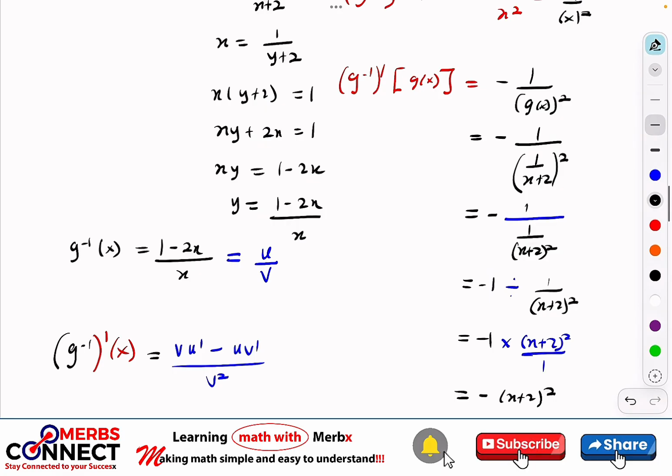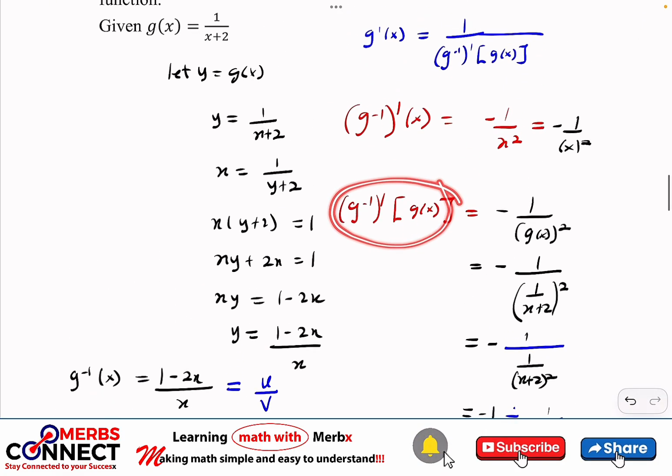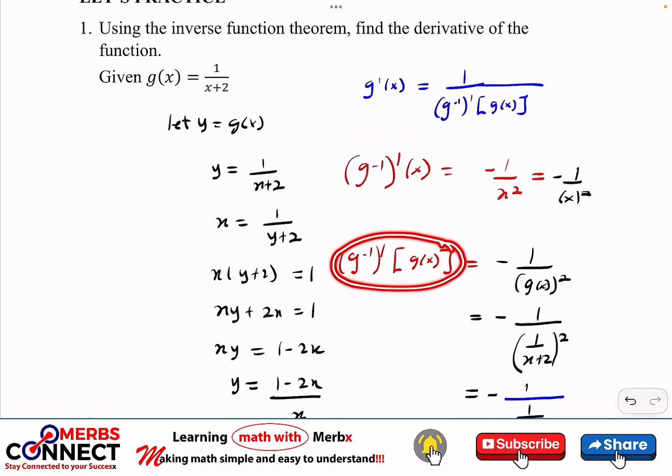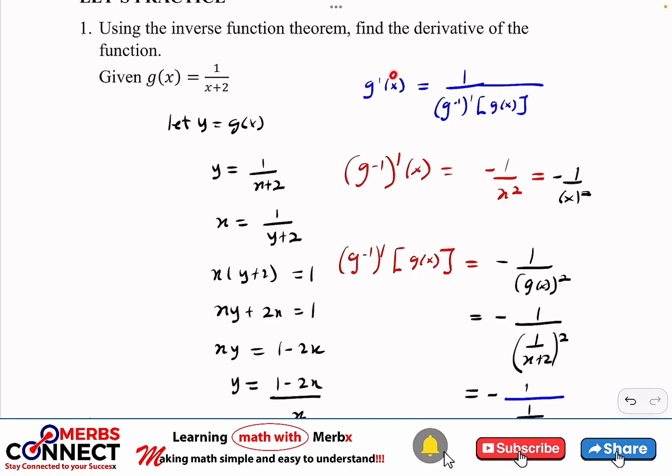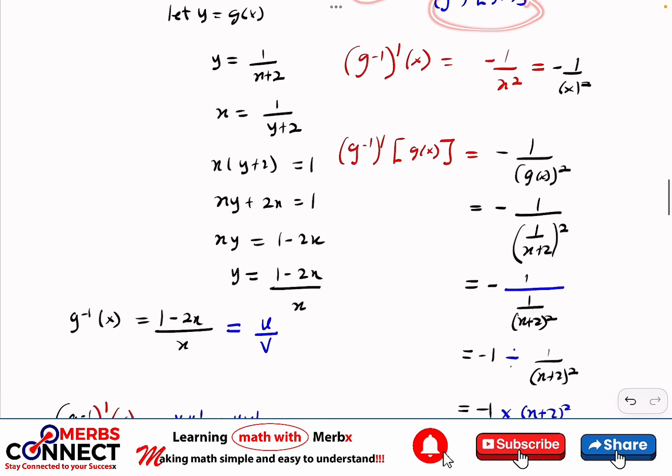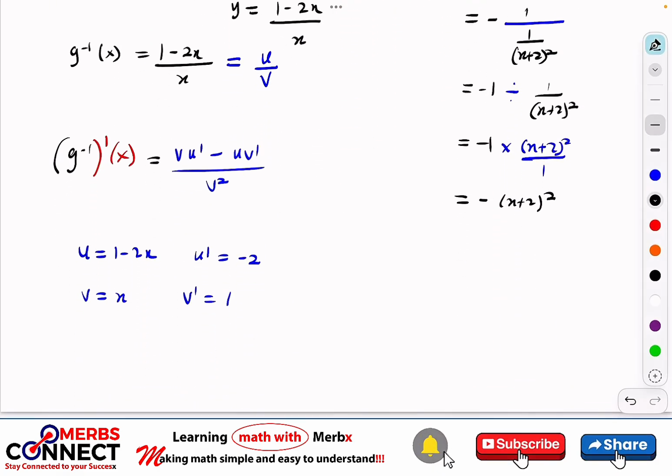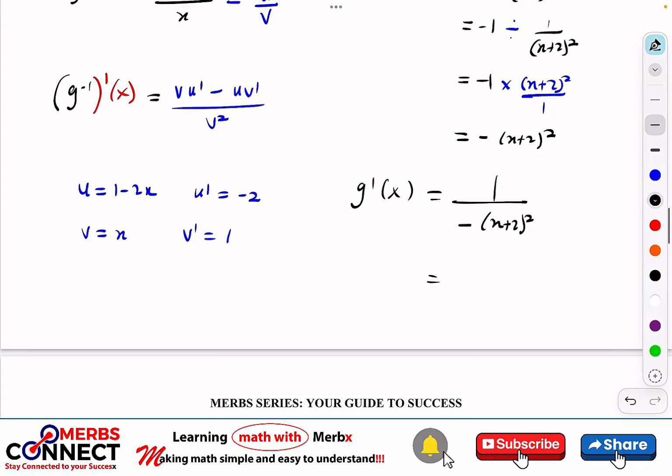So this is what we are going to get for this. And this that we have here is right here at the denominator. So our g inverse prime is going to be 1 divided by the result that we had here. So therefore, g inverse prime of x is equal to 1 divided by our result, which is minus (x plus 2) squared. Or I can say that it is minus 1 divided by (x plus 2) all squared.